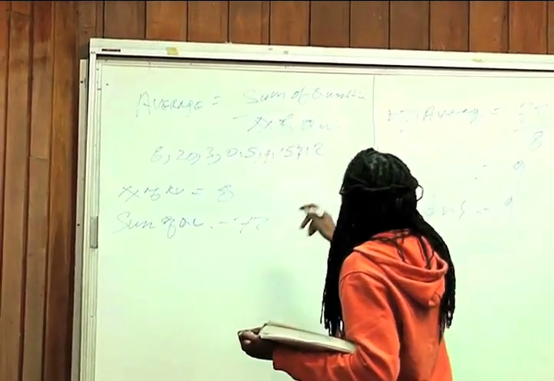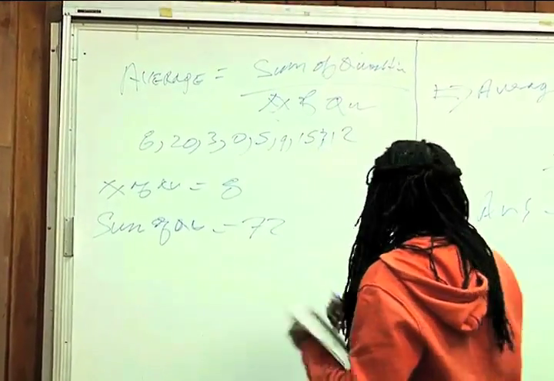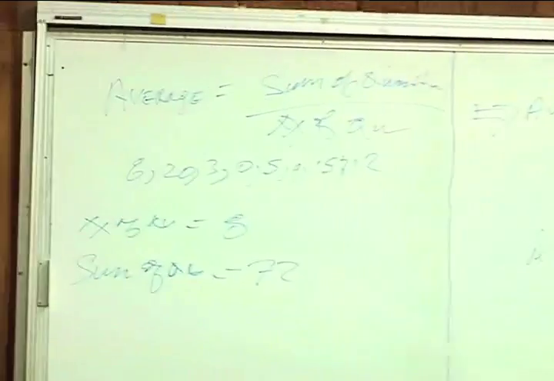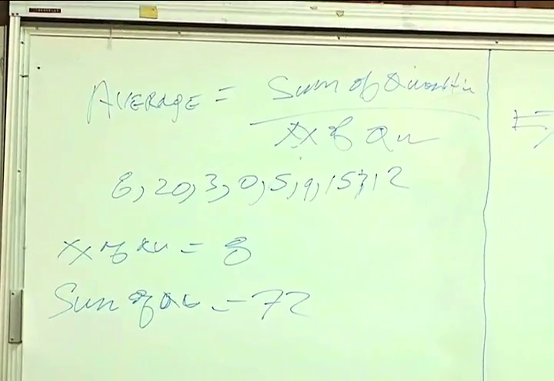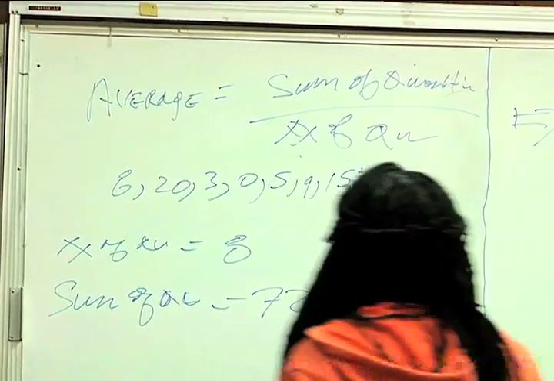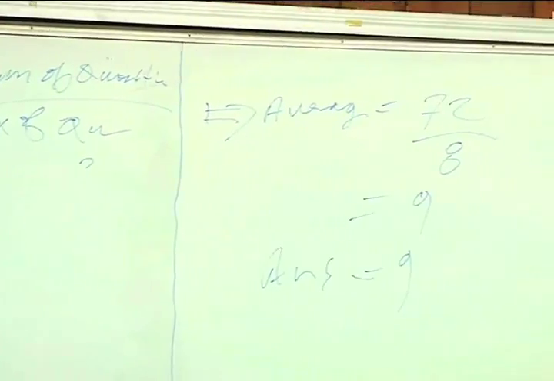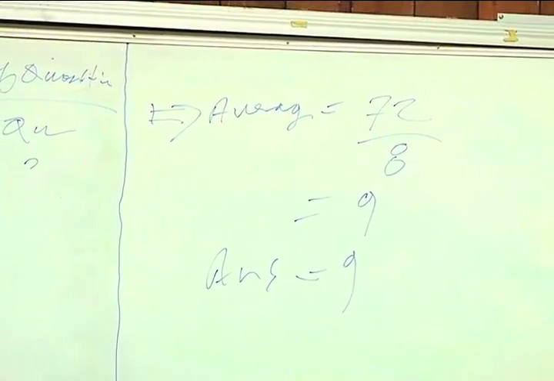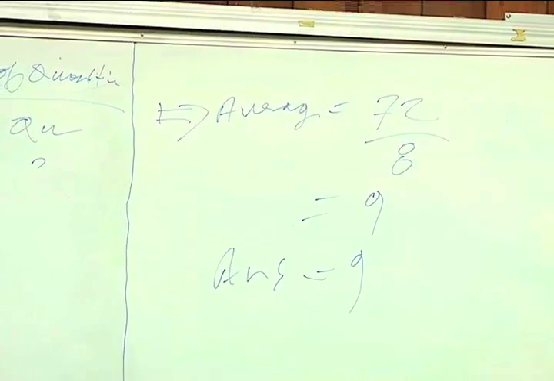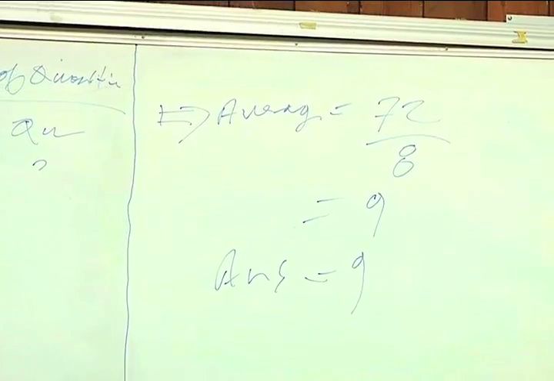So this is our equation right here. The equation says that A, meaning average, is equal to SQ, meaning sum of quantities, over NQ, meaning number of quantities. See that? Good.